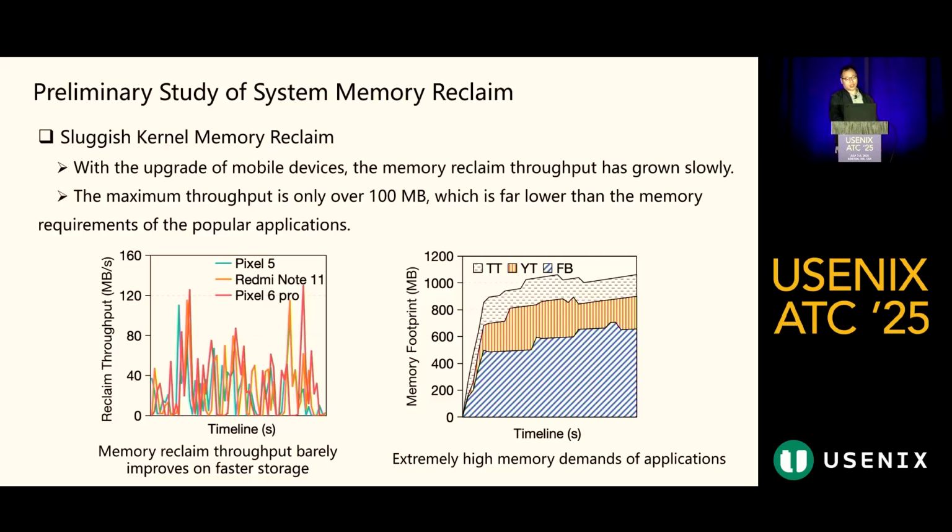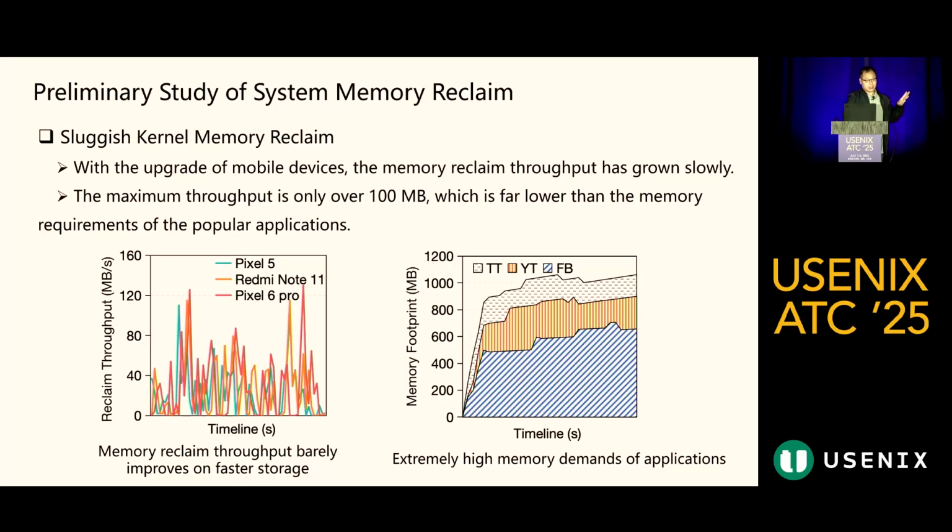So we first studied the issue for the kernel memory reclaim process. We can find in these slides the reclaim throughput of applications for these 3 mobile devices. From these slides, we can find the reclaim throughput is quite low for these 3 mobile devices.